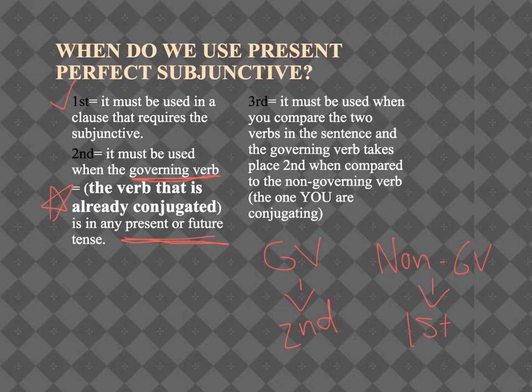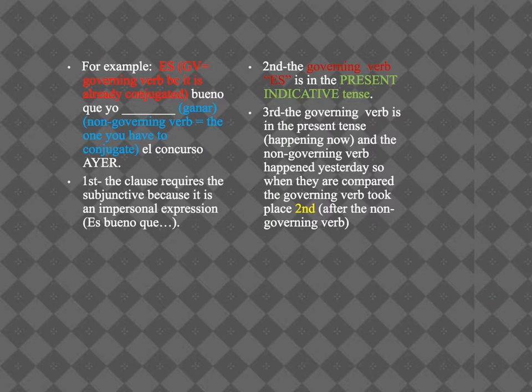Remember, the governing verb is the one already conjugated. The non-governing verb is the one that you have to decide what to do with. Okay, so here's an example to clarify.